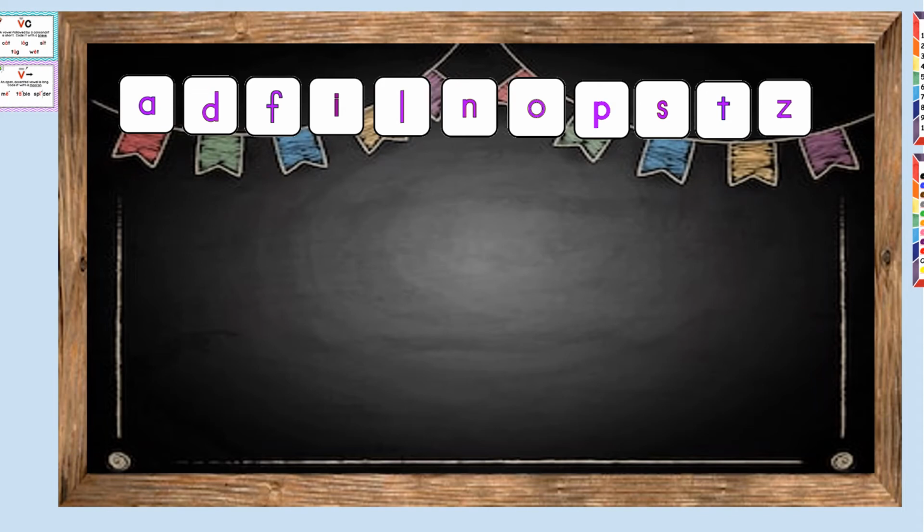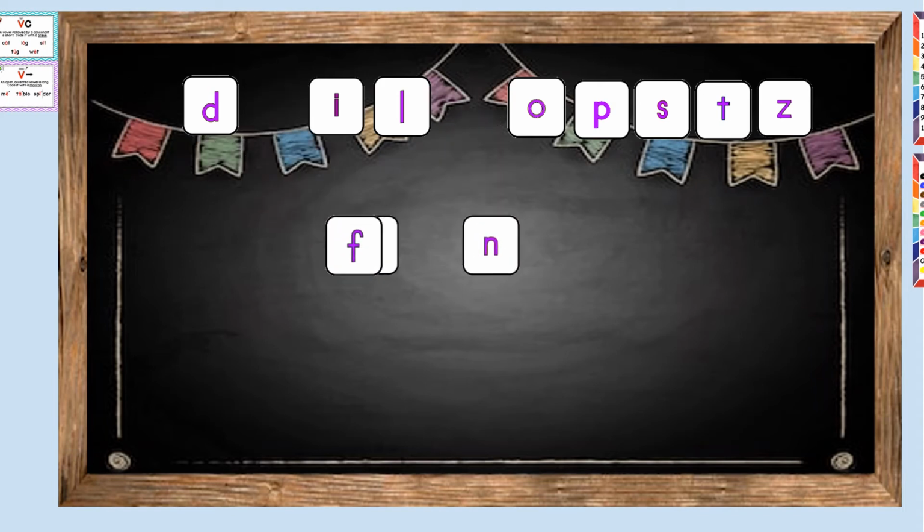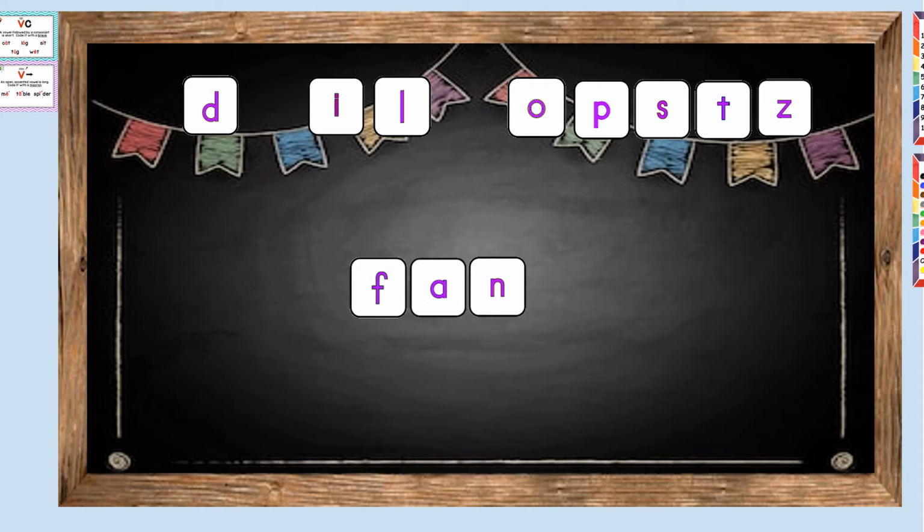All right, boys and girls. Let's see what letters we're going to start with today. Make sure your letters are all in a nice neat row, just like mine. We need the letters F, A, and N. Make sure your letters look just like mine.